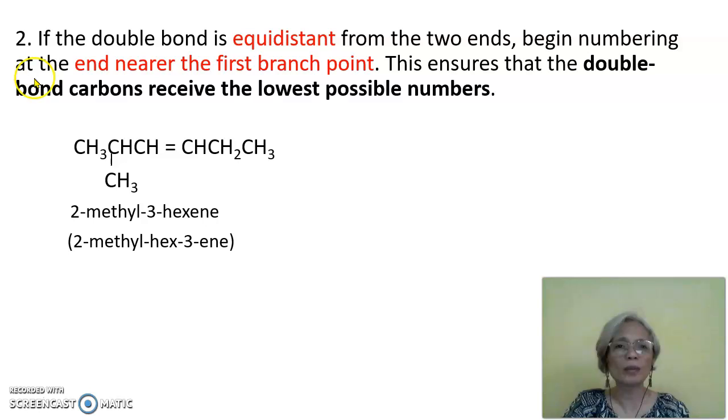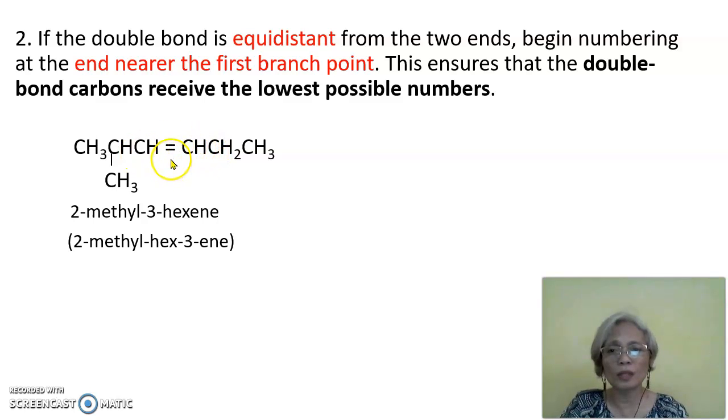Now, if the double bond is equidistant from the two ends, we begin numbering at the end nearer the first branch point. If there is no substituent, no matter where you start numbering, that's okay. But if there is a substituent, you consider the substituent, okay? This ensures that the double bond carbons receive the lowest possible number if we start numbering nearer the first branch point. So, this is 1, 2, 3, 4, 5, 6.